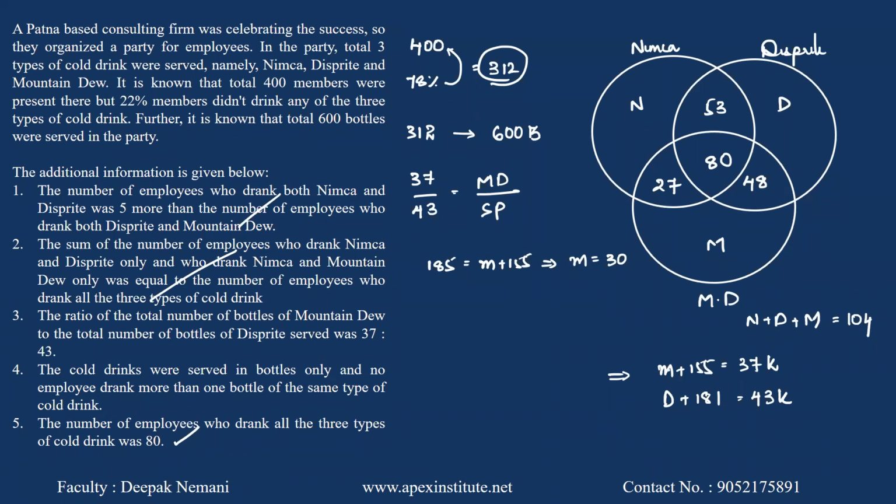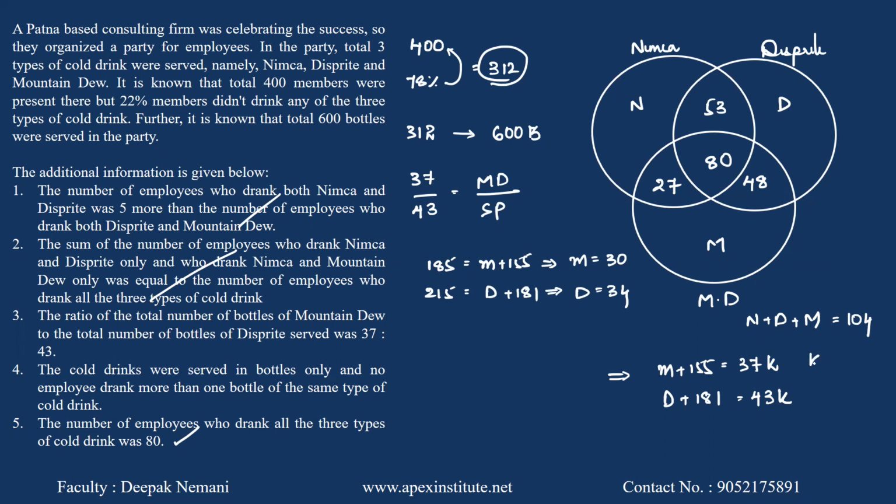Okay, so 43 into 5 is 215. 215 is equal to d plus 181, which implies d is equal to 34. Now this is when k is equal to 5.